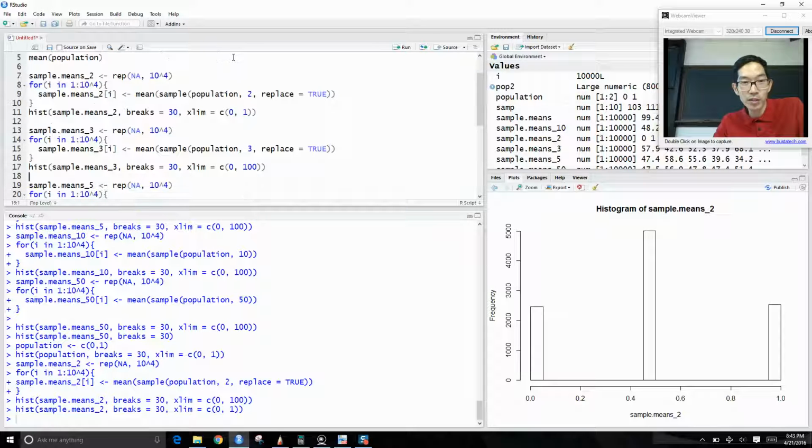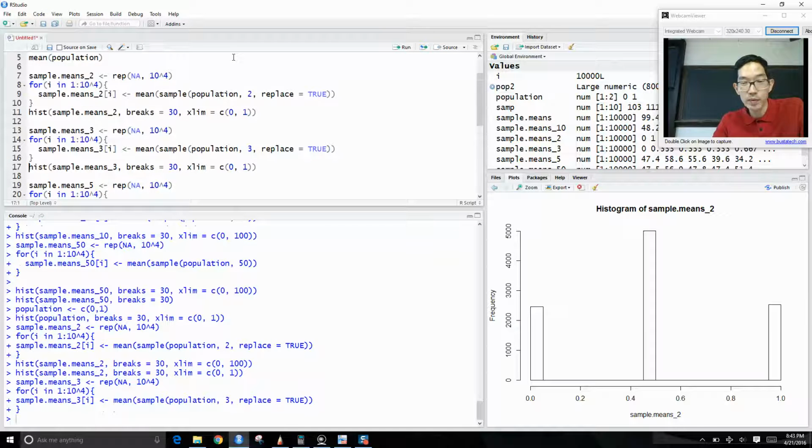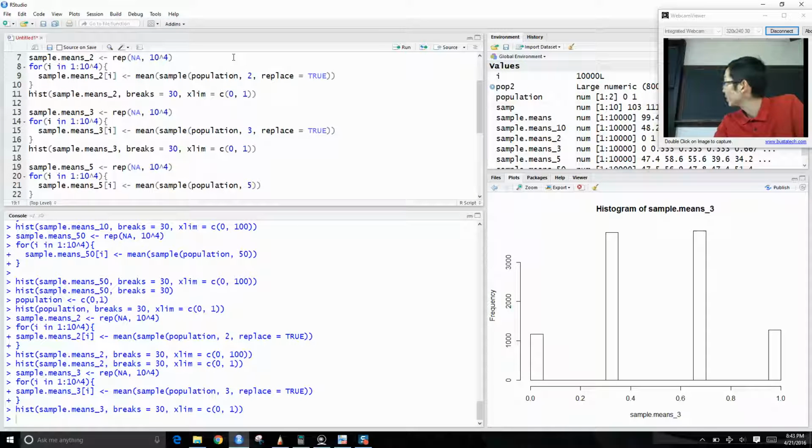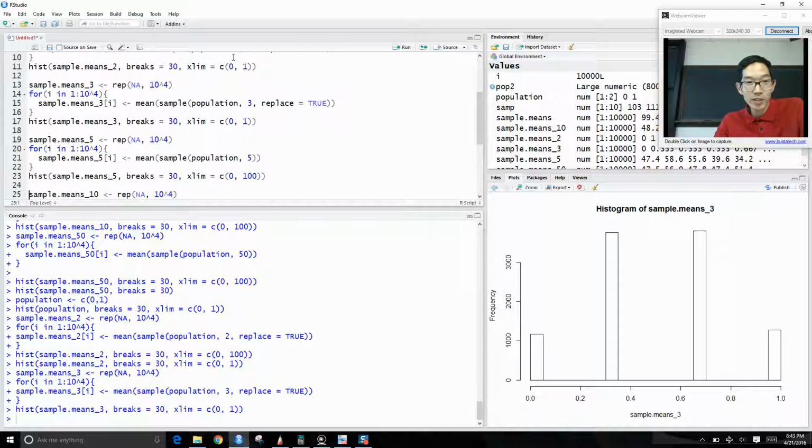And then with samples of size 3, we can get these results. With the binomial, we can think of this almost like taking the sample mean of a bunch of draws of zeros and ones.